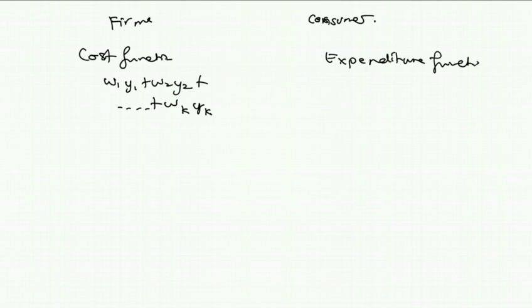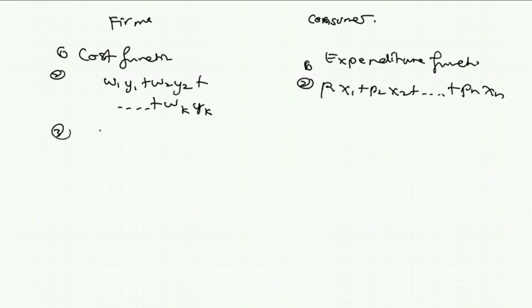So for the expenditure function, the function looks like this: P1x1 plus P2x2 plus, until the last one, Pn xn.